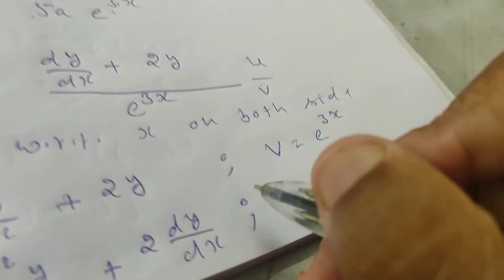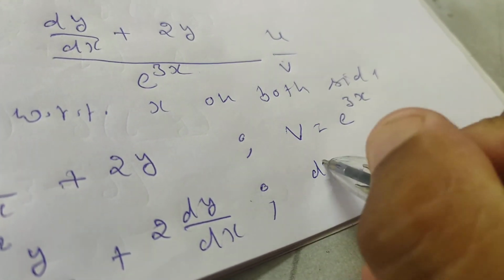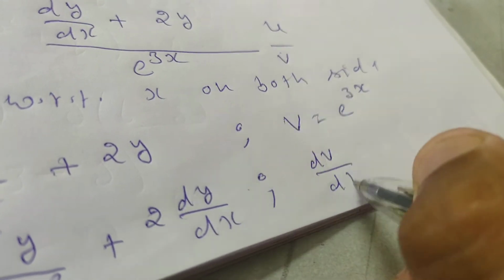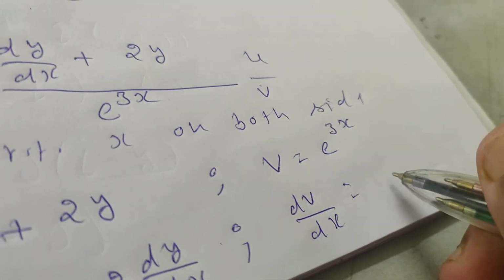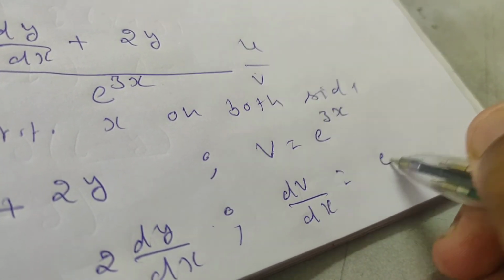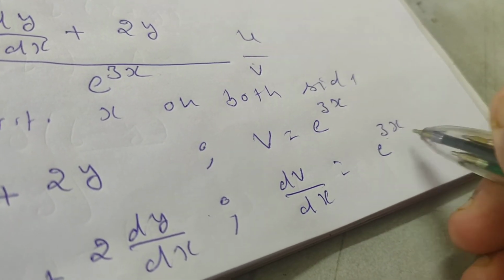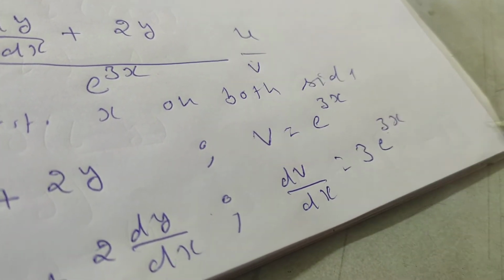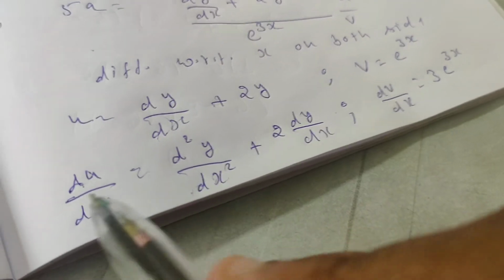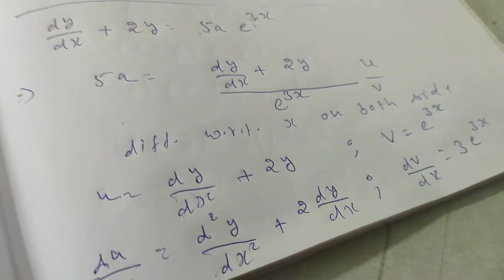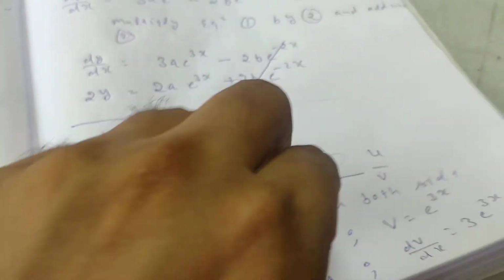In the same manner, if we differentiate this, that is dv by dx, what will we get? The differentiation of e raised to the power 3x is e raised to the power 3x, but the differentiation of 3x you know very well is 3. Okay, put these values here. What will we get as the result?